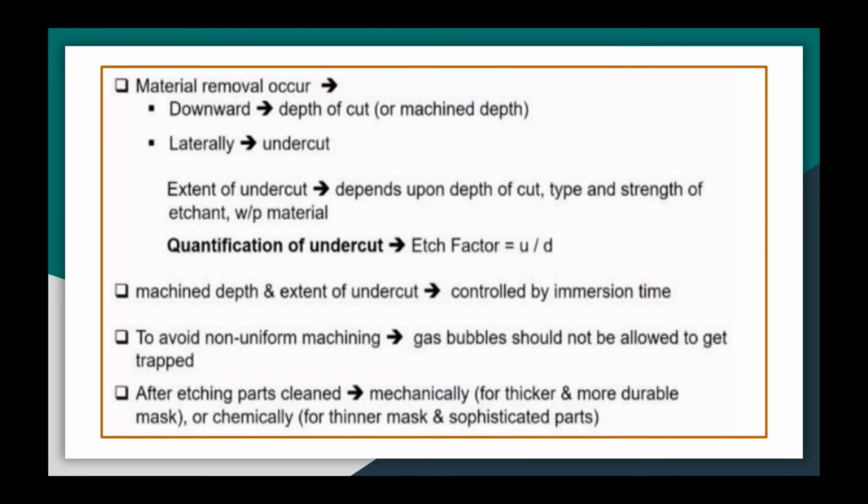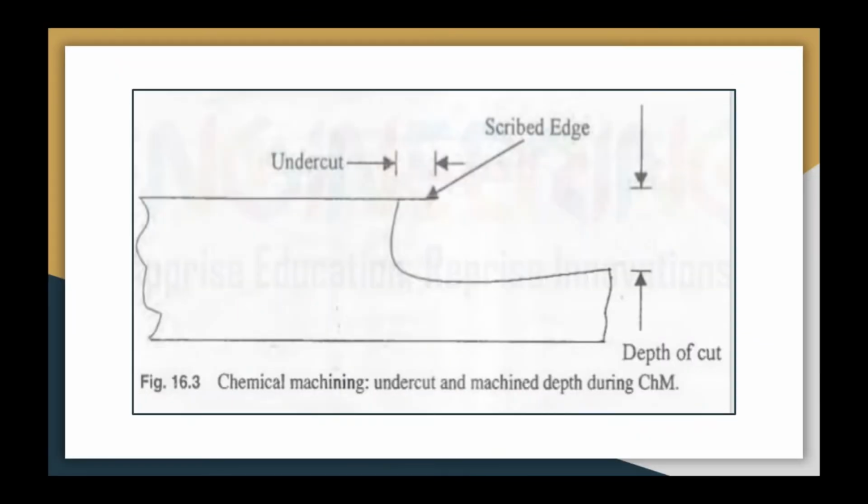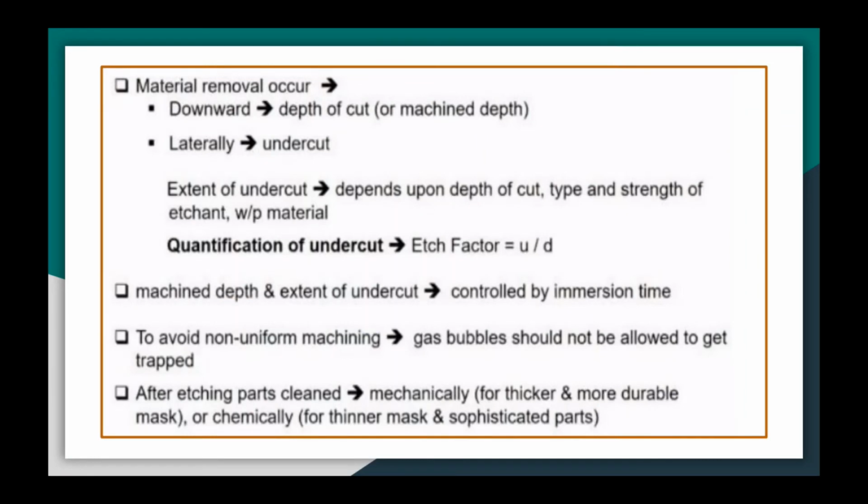Again, material removal takes place in two directions: one is the downward direction and another is the lateral direction. While our objective is to have material removal only in the downward direction, not in the lateral direction, it is a part of the phenomena that is taking place.